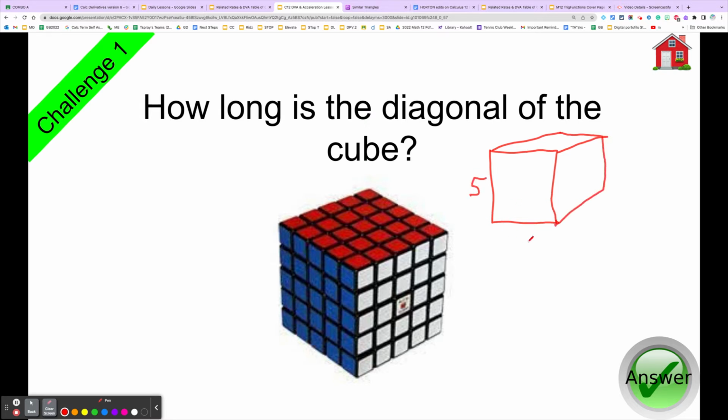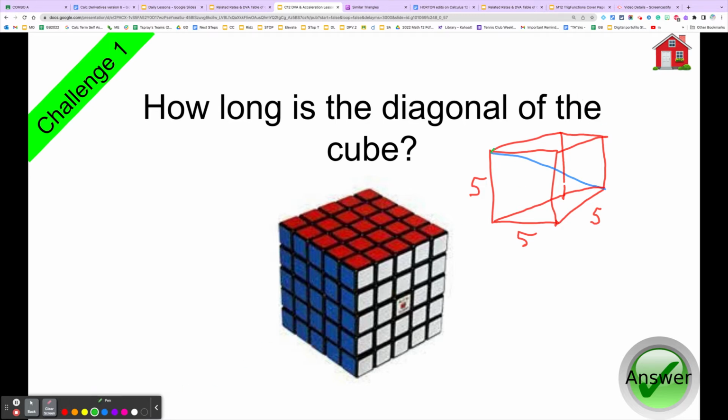Okay, so that's 5 by 5 by 5. What we're trying to do is figure out the distance from here to there, and that's a diagonal. It might be hard to visualize that, so I'm going to try to give the illusion of the 3D there. This is not my best work.